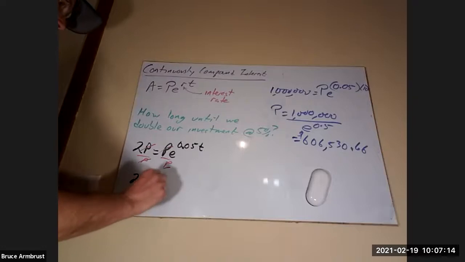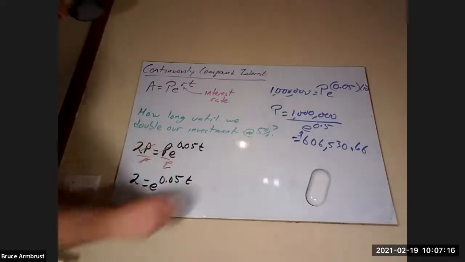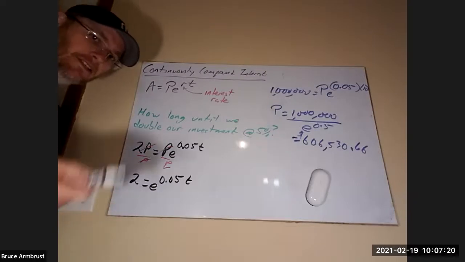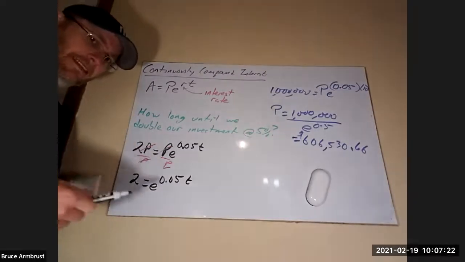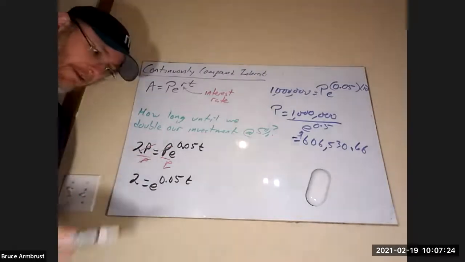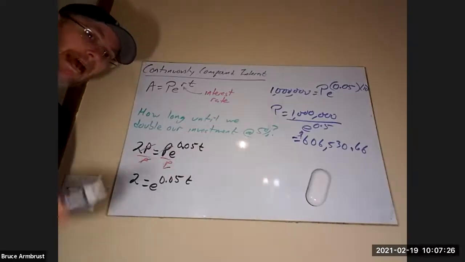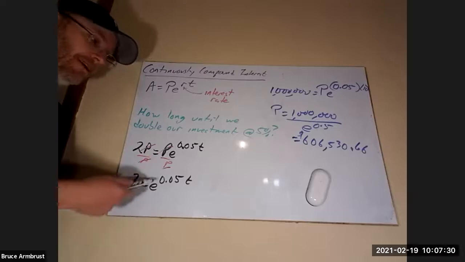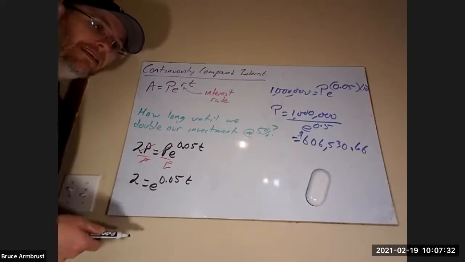So immediately it turns out it doesn't matter what our principal was. This is a weird thing. It doesn't seem intuitive, but it's absolutely true. It doesn't matter how much you start with. We want to find out the amount of time it's going to take to double.